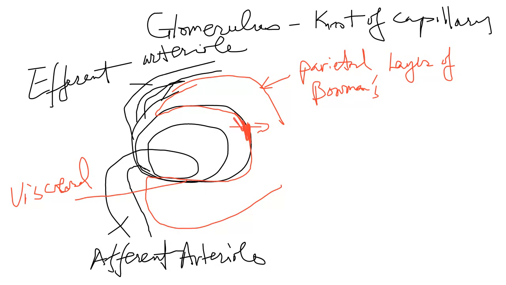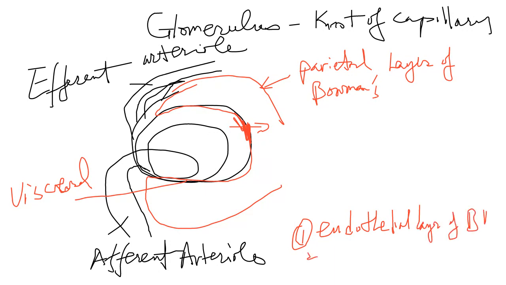The capillary has an endothelial layer, right? So just like the respiratory membrane, you have the endothelial layer of the blood vessel.